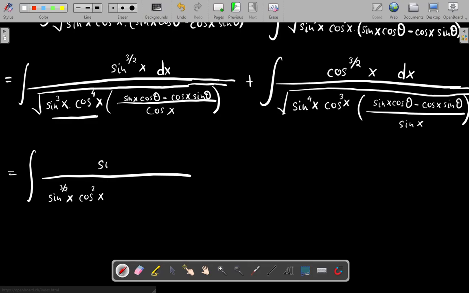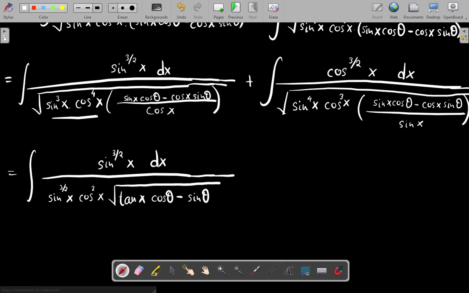And you see in the numerator we already have a sin^(3/2) x, so these two will cancel each other. In the term remaining inside the square root in the denominator, this becomes tan x cos θ minus cos θ, cos x and cos x will cancel each other, and this will become just sin θ.